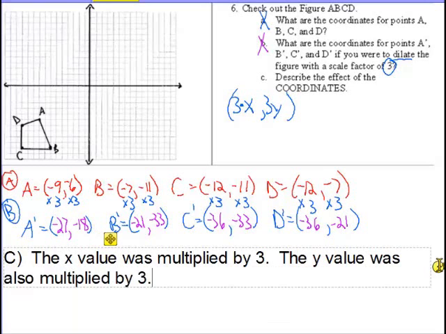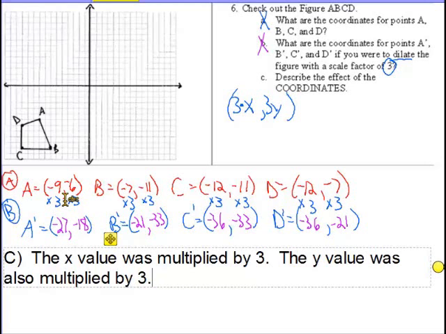I mean, if it wasn't for there being negatives here, you could say that the x value got 3 times greater. But in this case, the x value is actually becoming very small. It was negative 9 and then it became negative 27. So if you remember how your number line works, that is actually getting smaller the farther to the left you get.